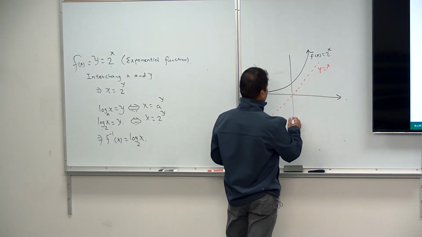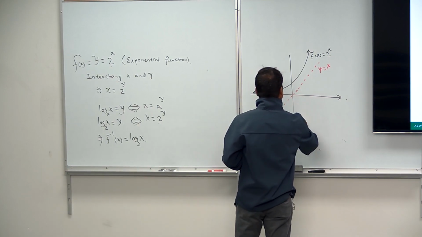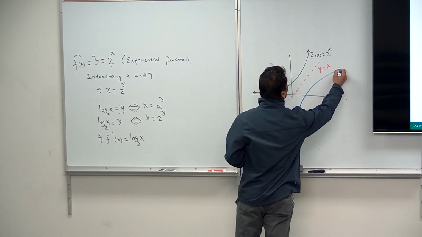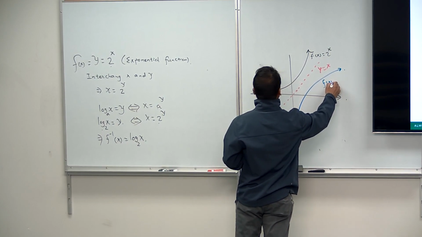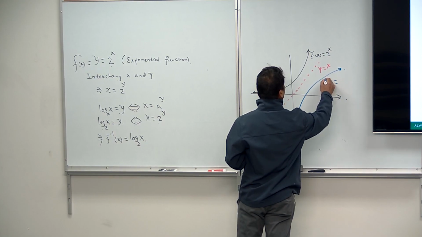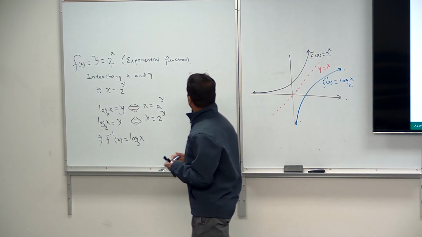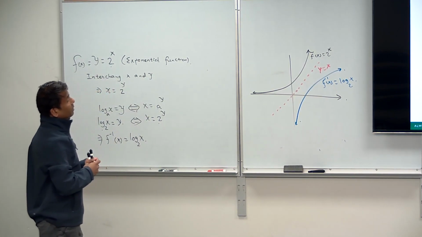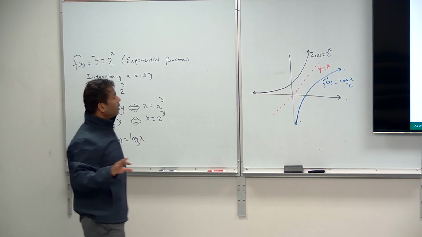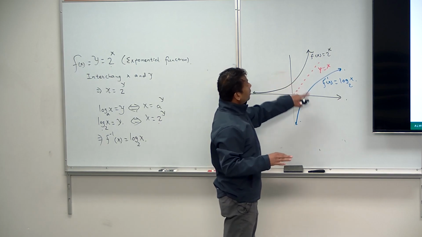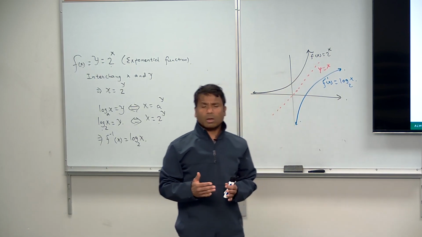So this is the graph of f inverse x, the inverse logarithmic function. So you see the exponential function and logarithmic function are inverse to each other.